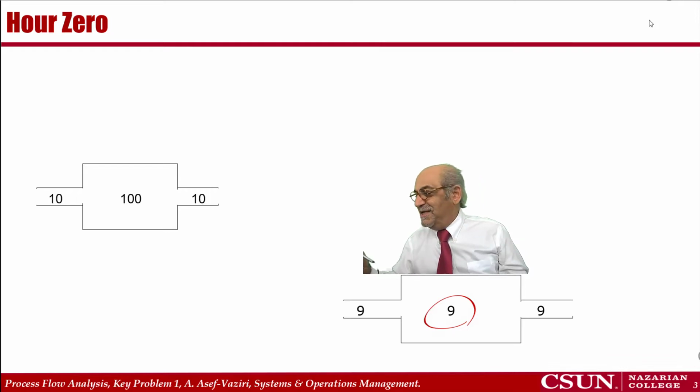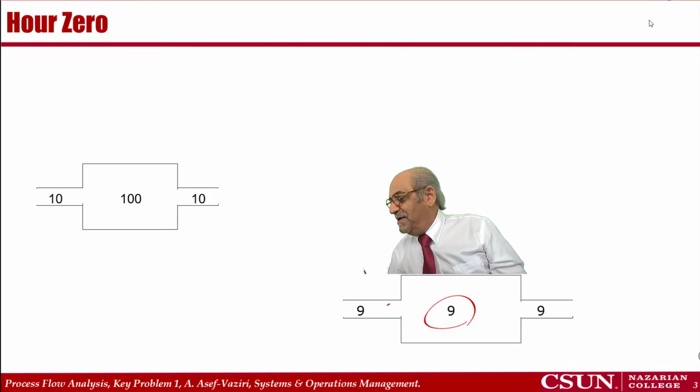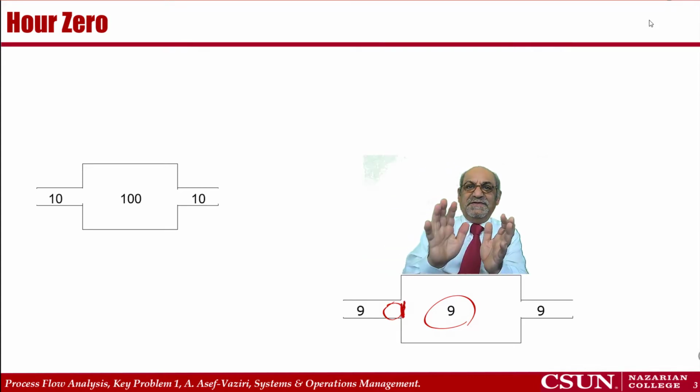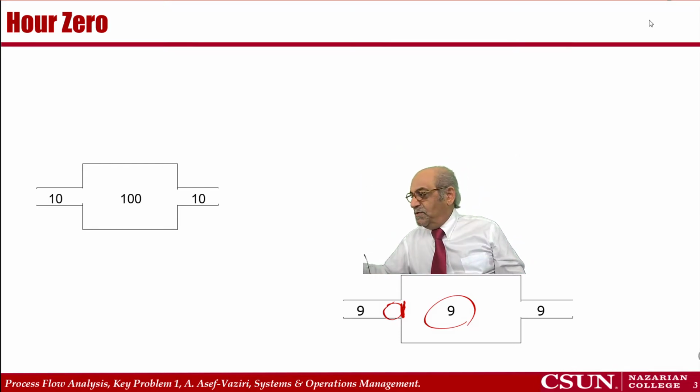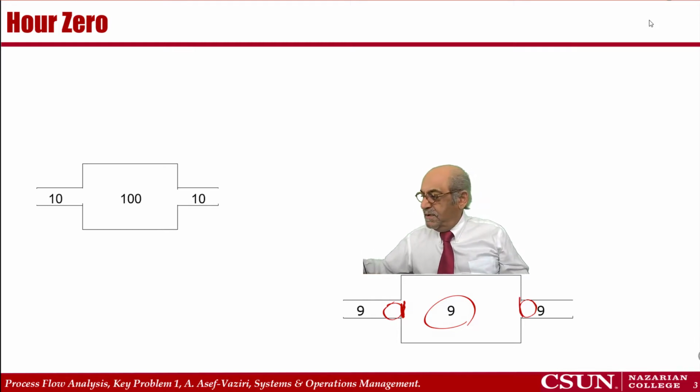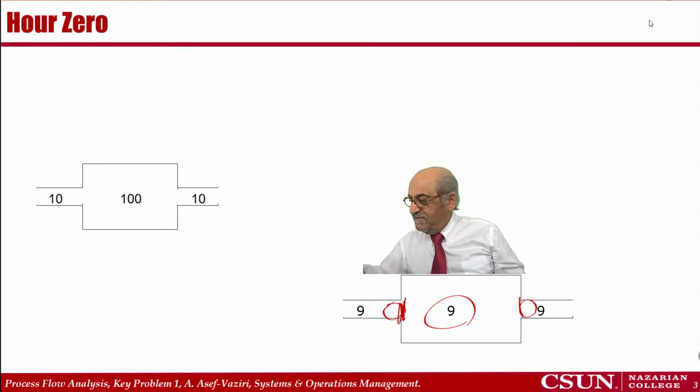How long does it take for this molecule, which in a fraction of a second comes into the system, to go through the system and go out? How long does it take from this point to this point?